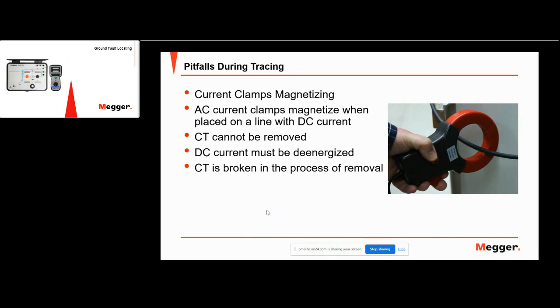Well, the core is going to saturate, and the clamp is going to magnetize. Once that happens, that means you can't open it anymore. It just got stuck on the line. The only way to get it off is to either de-energize the line, or I've seen this happen too, they break the current clamp to get it off.